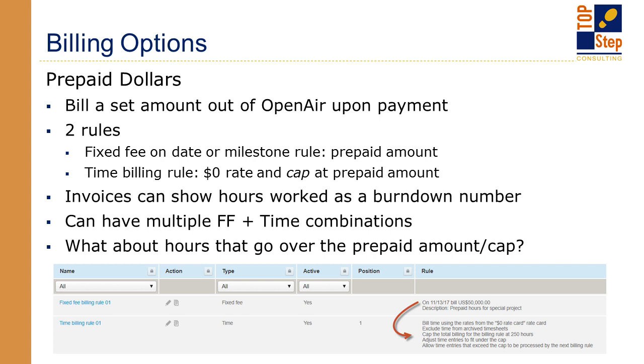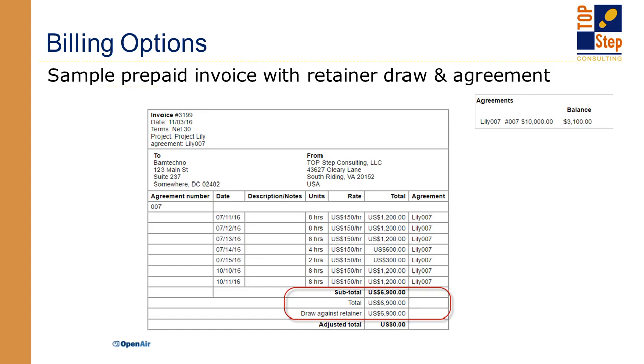So this is actually a sample of what the invoice would look like. This is actually a retainer, I apologize. You can set up a retainer, and when you're generating an invoice, you can pull that money from the retainer.